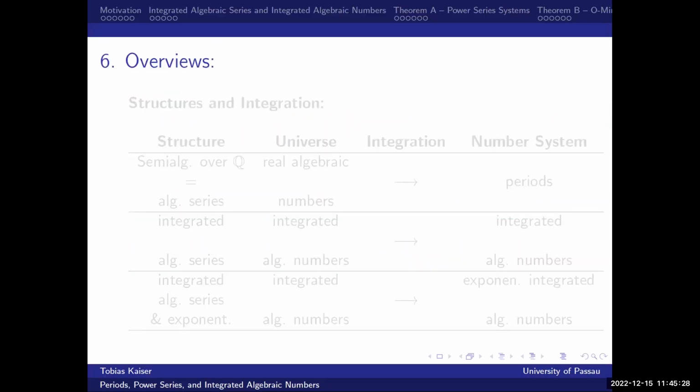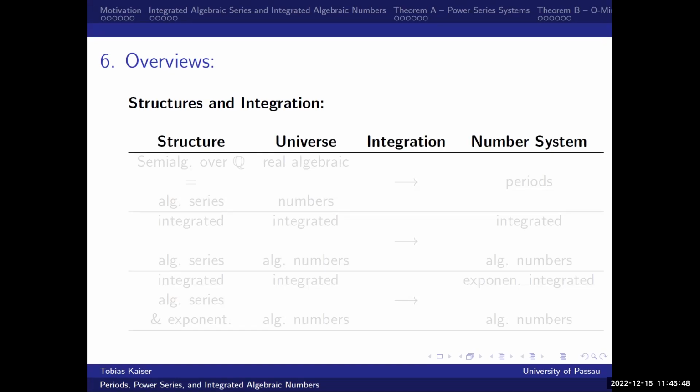So here's an overview. I have o-minimal structures, uncountable fields. And what do I get when I integrate absolutely integrable functions in this? The structures, integration. So I start with the structure, the universe it lives on, I apply integration, and which numbers do I get?